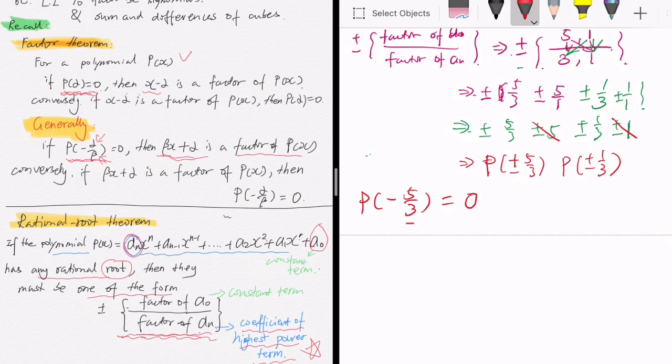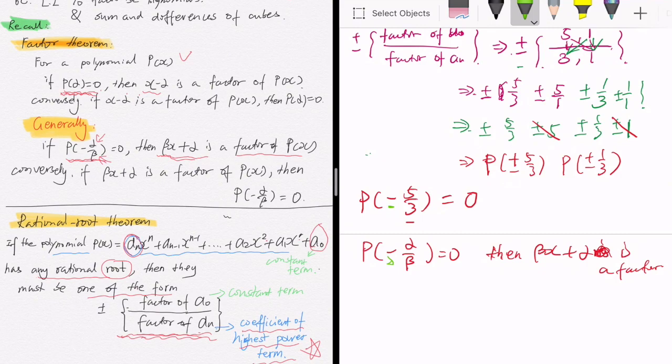Now come back to example 13 on the right hand side. This is my p, and we found p of negative 5 over 3 equals 0. Now this matches my factor theorem: if p of negative alpha over beta equals 0, then beta x plus alpha is a factor. Comparing the two, because they both have a negative, that doesn't matter.